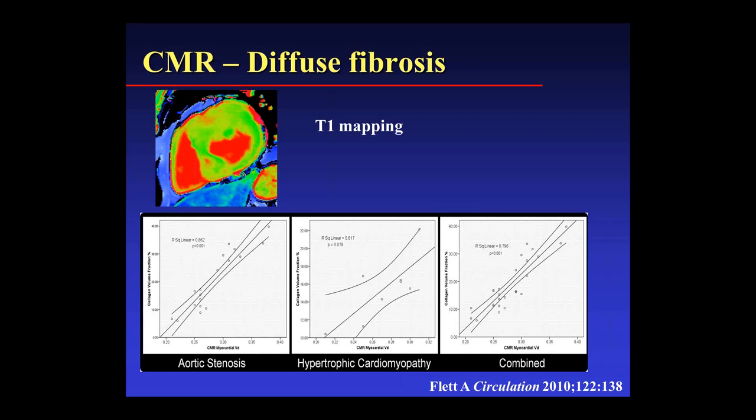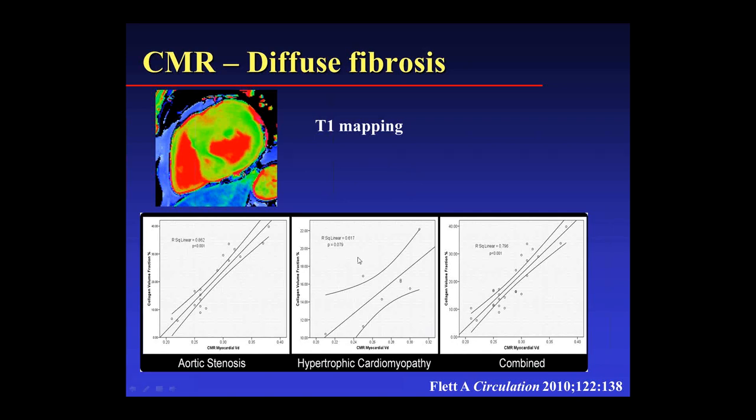This is scar you can't see. It's a lacy fibrosis that's only visible under a microscope. But as it turns out, now we can image it with cardiac MR. It's a technique called T1 mapping. We can do it before giving contrast and then after giving contrast. We'll be doing it in the HCMR study.